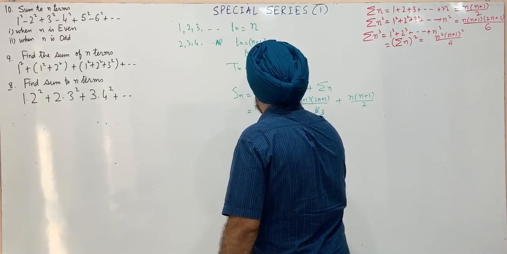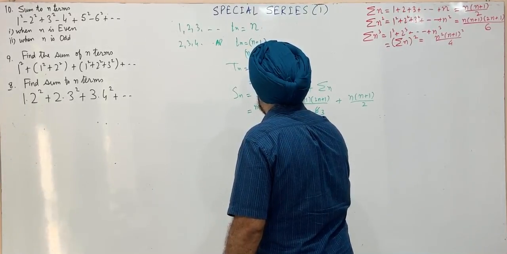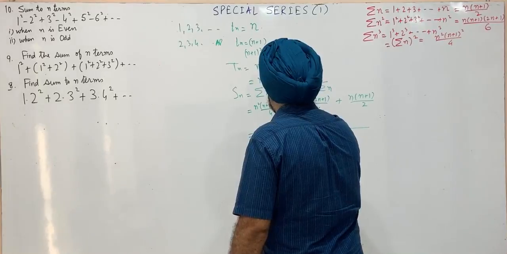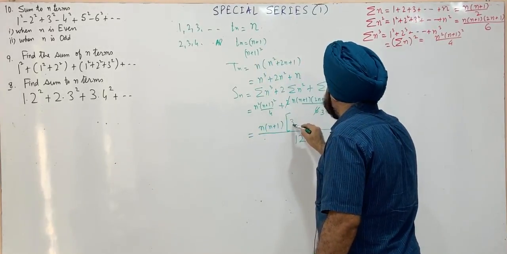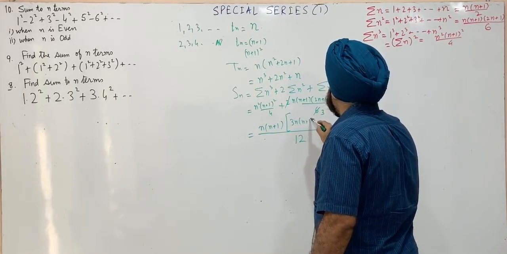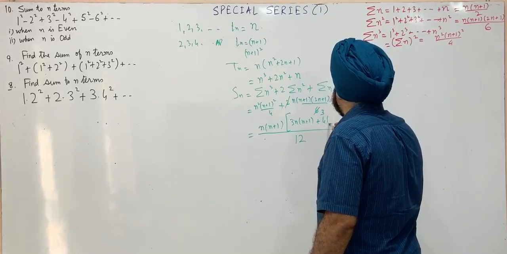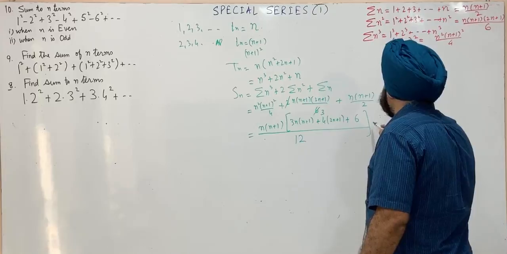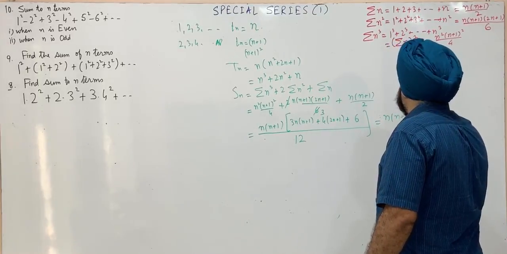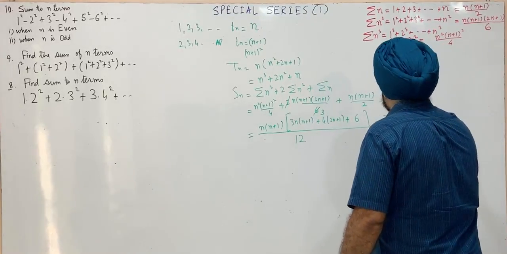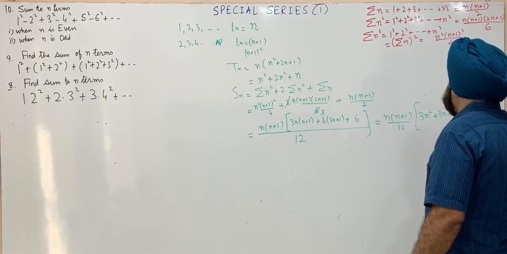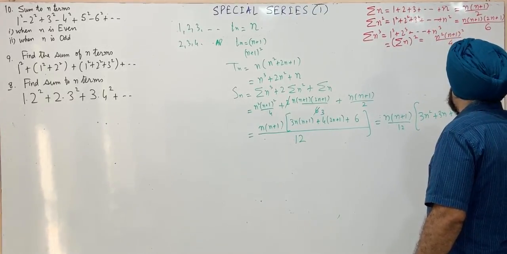We take n into n plus 1 common, and upon 12. Inside we will have 3n into n plus 1 plus 4 into 2n plus 1, and plus 6. So n into n plus 1 upon 12, and then 3n square plus 3n plus 8n plus 4 plus 6, that is 10.